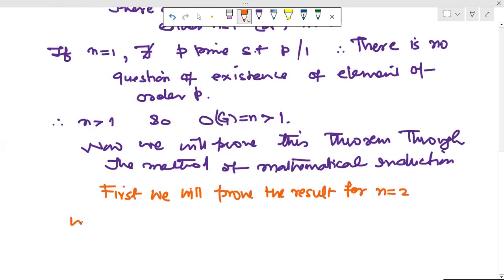So when n is equal to 2, that is, the order of G is equal to 2.